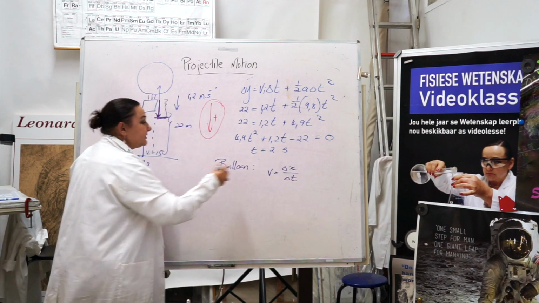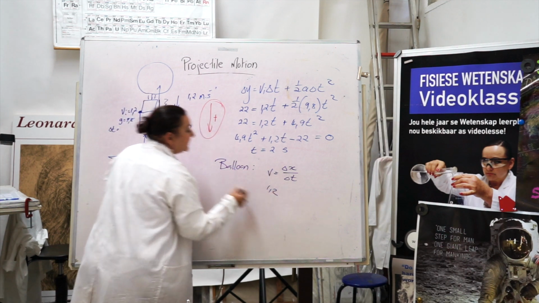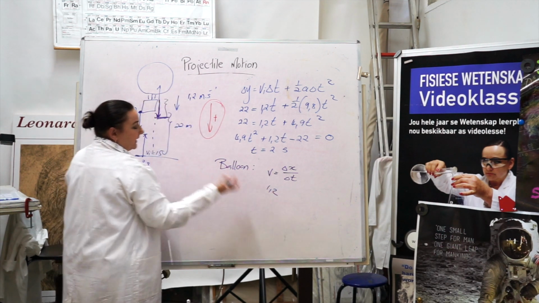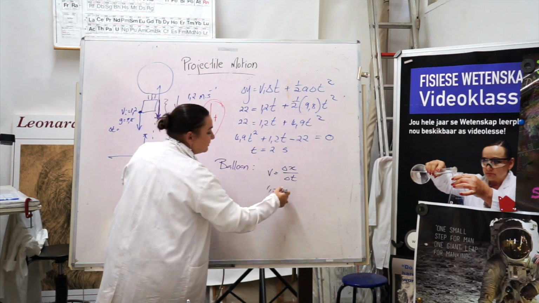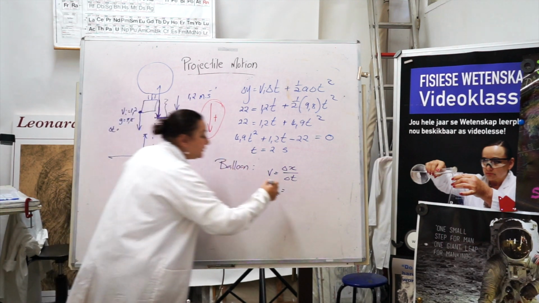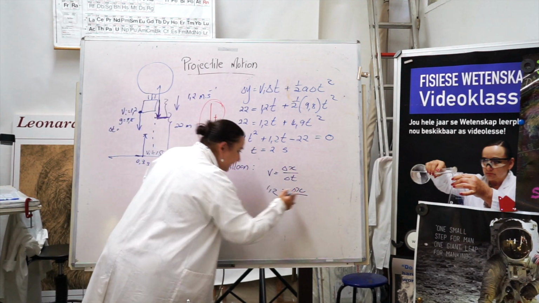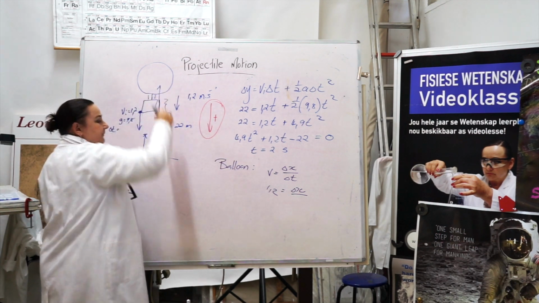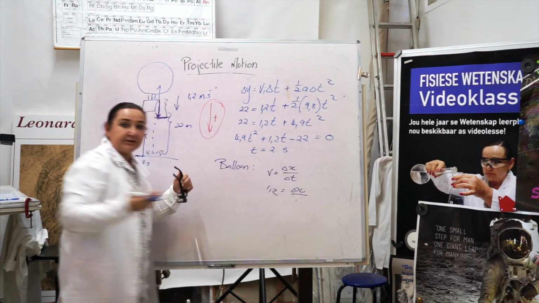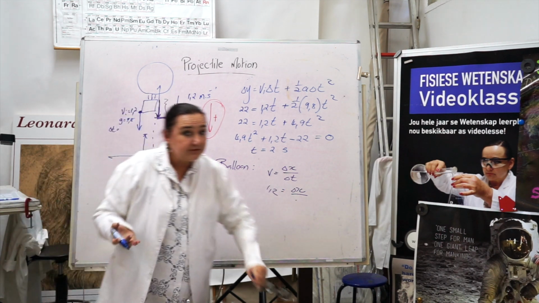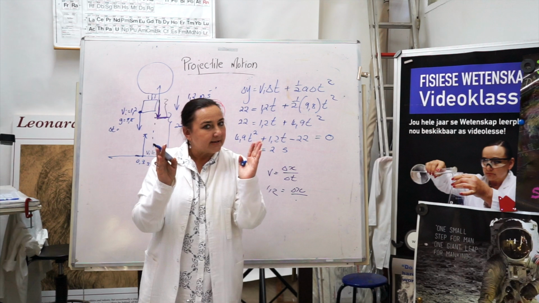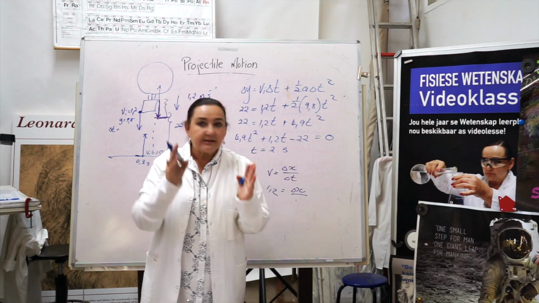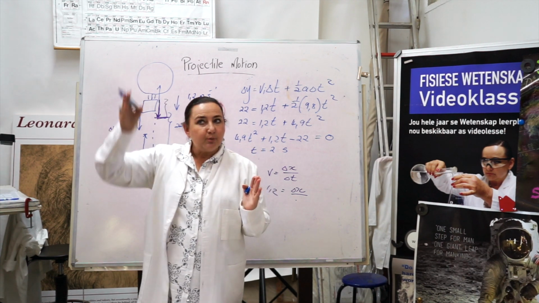Now my problem is, I've got the speed at which the balloon is traveling, a constant 1.2 meters per second. I do want to work out the distance it traveled, divided by t, but I don't have t. I don't have the time. But wait a second, that is why they then gave me the ball.